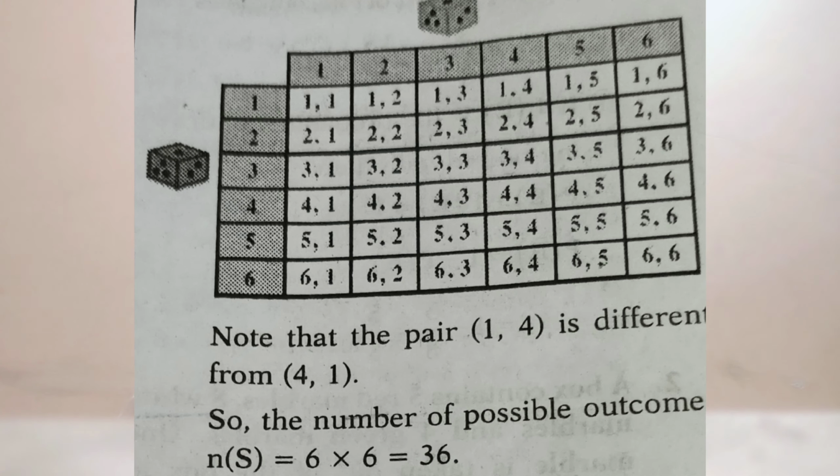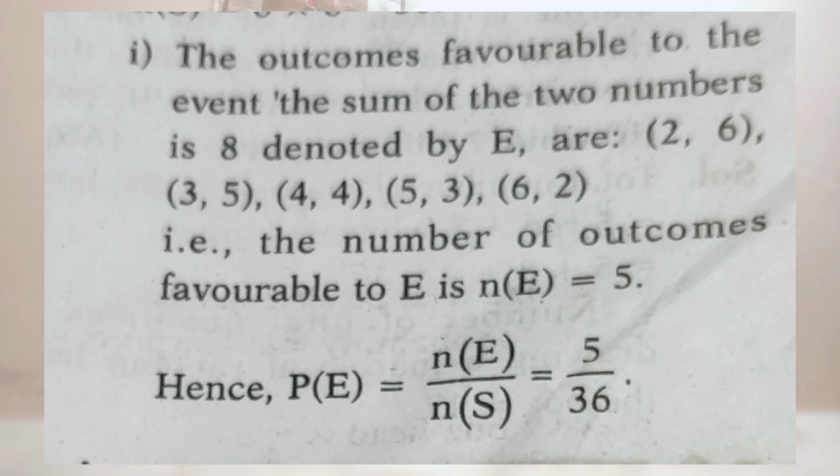Like that horizontally you should write 1, 2, 6, and vertically you should write again 1, 2, 3, 4, 5, 6. So totally you will get 6 into 6, 6 units on the horizontal line and 6 units on the vertical line. So we will get 36 boxes. In those boxes you will write the ordered cases, which are the outcomes of these 2 dice.